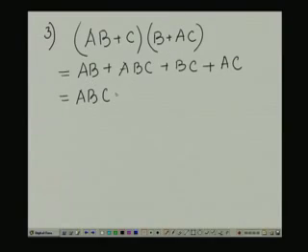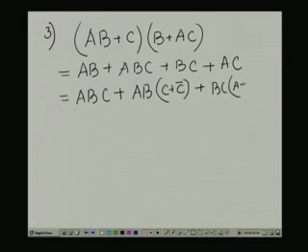Now, see, AB I can write as AB(C + C bar), because C + C bar is nothing but 1. Similarly, when I take BC, I will add A + A bar, and AC(B + B bar). Just notice that when I am taking a term and multiplying by some term, I take the remaining literal which does not exist in the term.